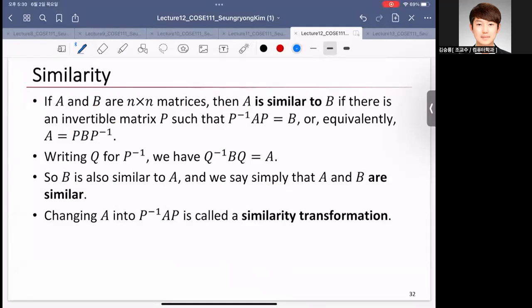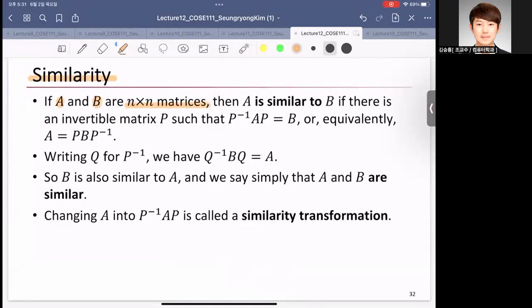One more concept in chapter 5.2 is similarity. What is similarity? Matrices A and B are n by n matrices.